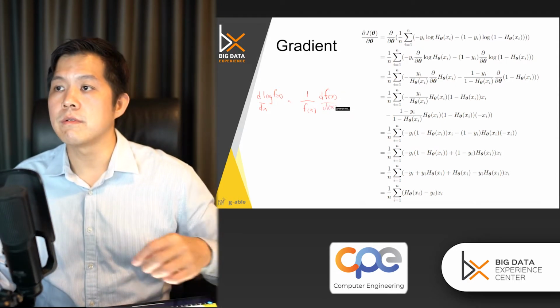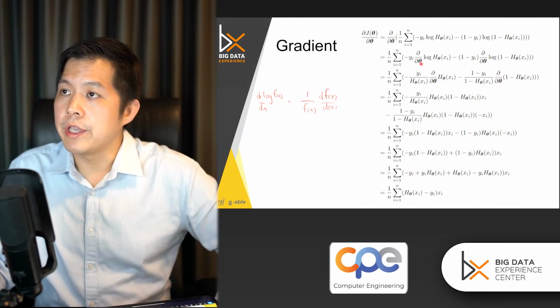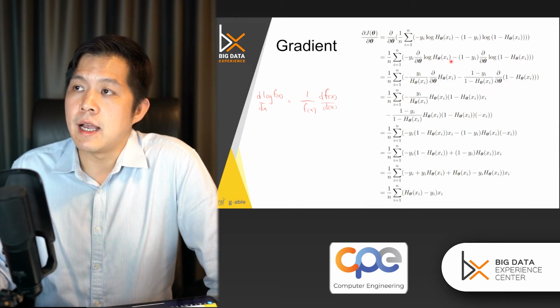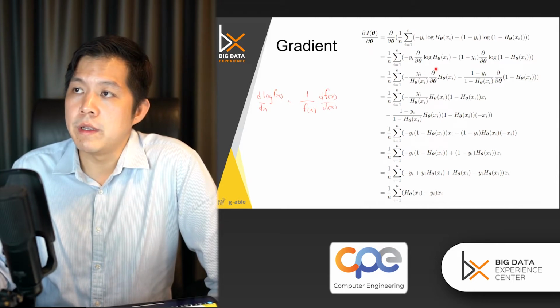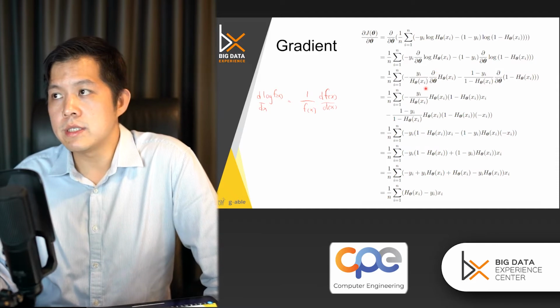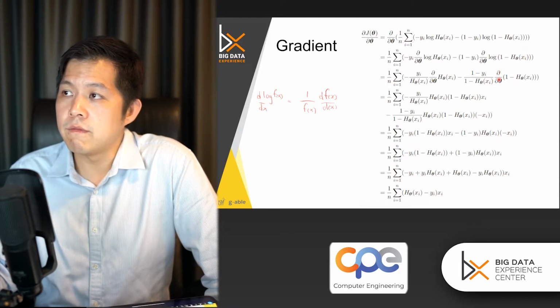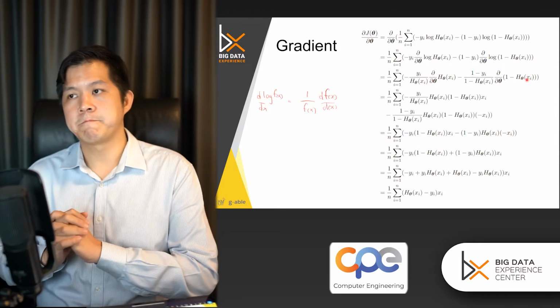So this is how you calculate the derivative of the log. Here for log of h theta xi, I just put h theta xi in the denominator, and then this would be the derivative of h theta xi, which I leave as it is first. Then do the same thing for the second one. This is 1 minus h theta xi in the denominator, and then the partial derivative of the 1 minus h theta xi, in the second term.